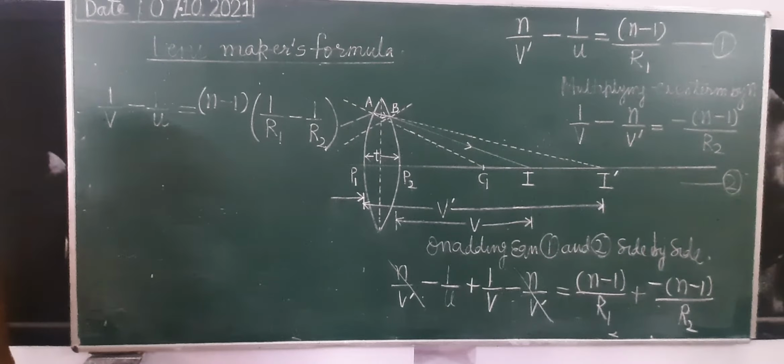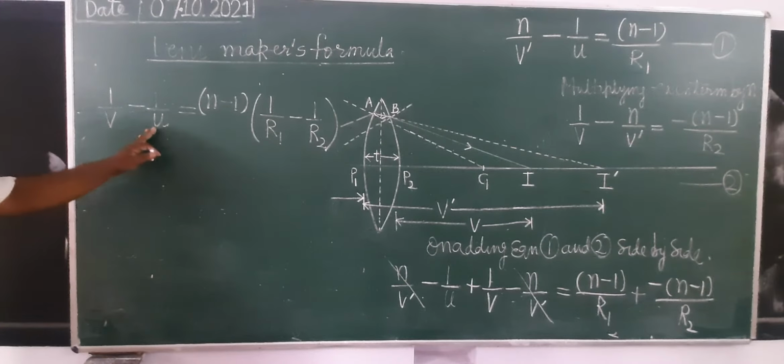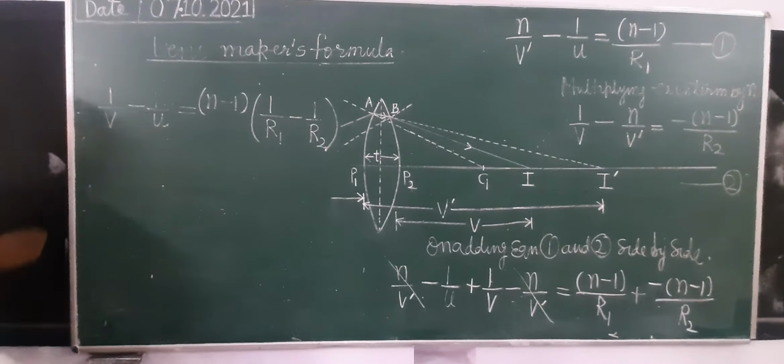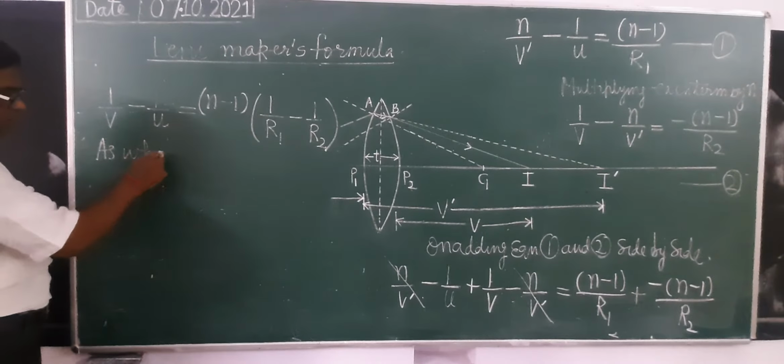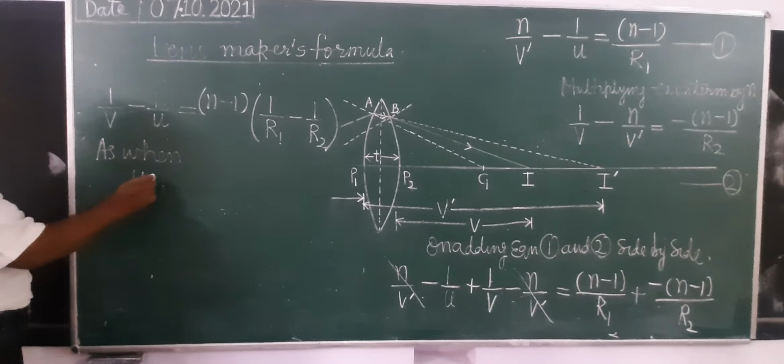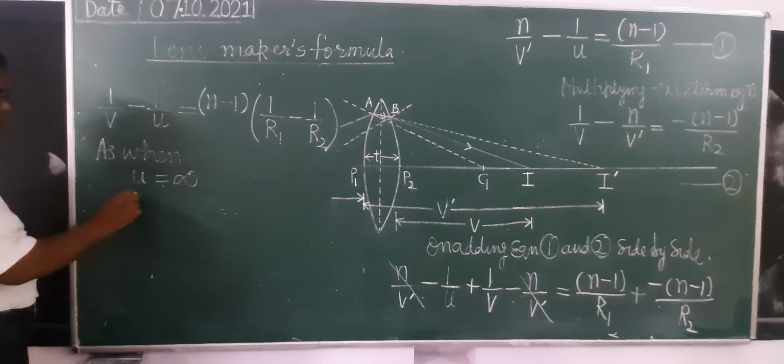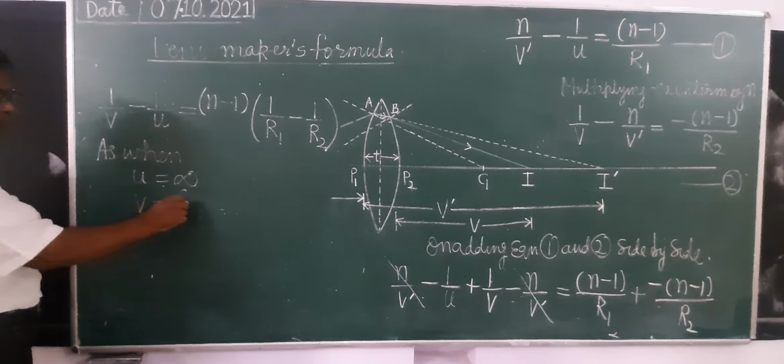Now see here, as we know that when object is situated at infinity, image forms at which point? At the focal point. So when u equals to infinity, v equals to f.